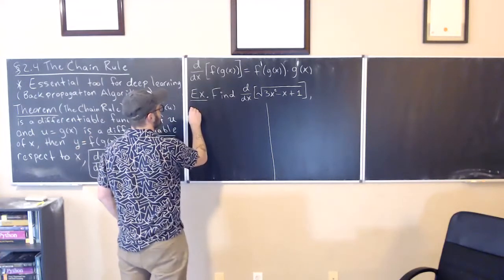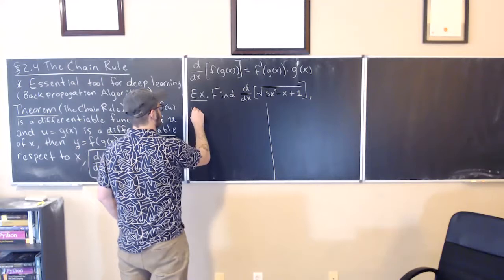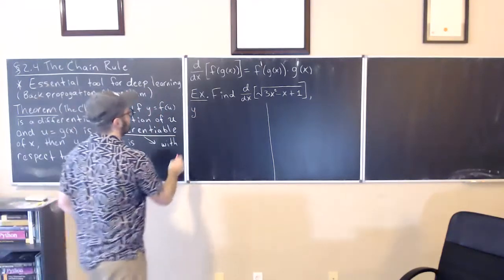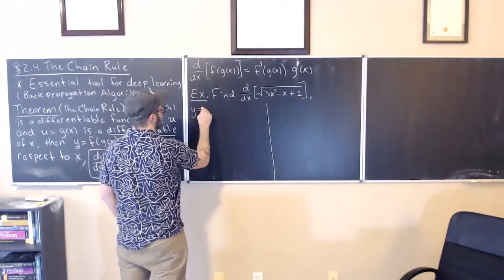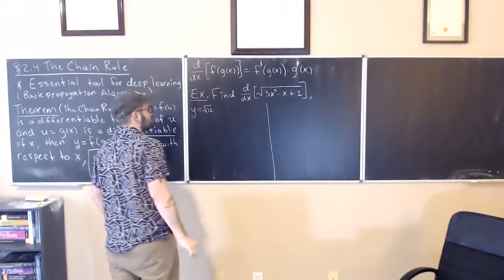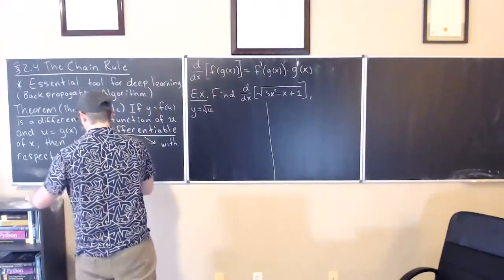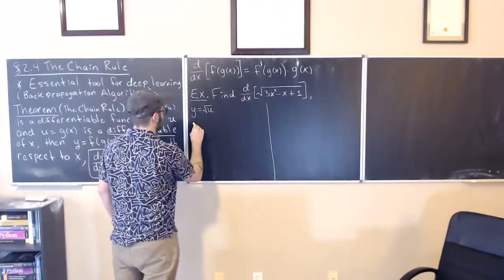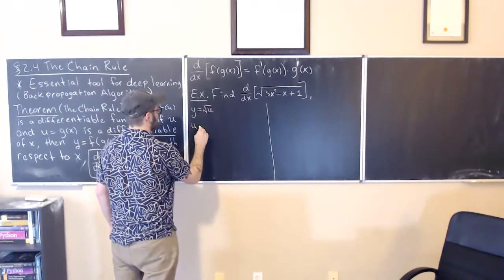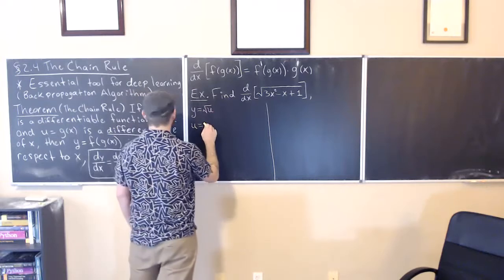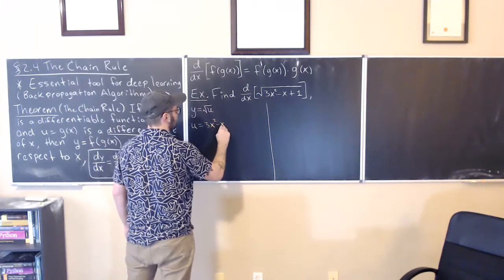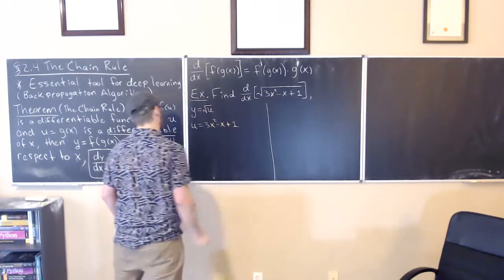So we can say that y, so what is the function y? Y is a function of u, so we can say that y is equal to the square root of u. And then u is equal to, say, 3x squared minus x plus 1.